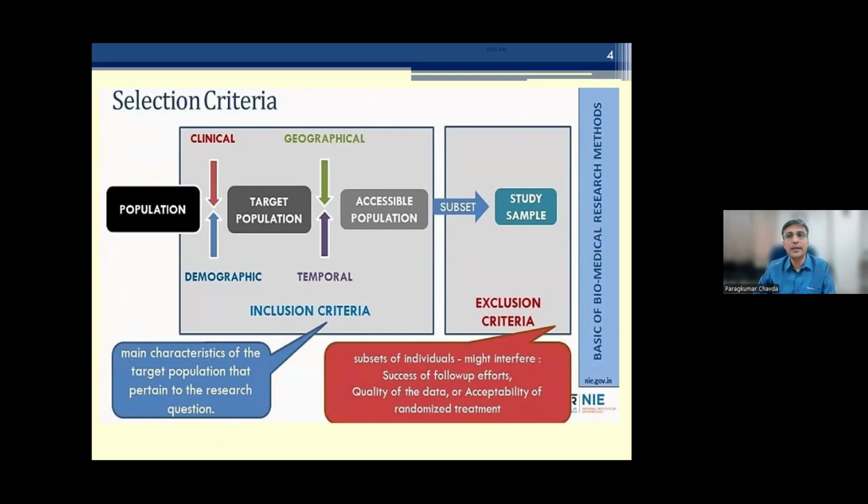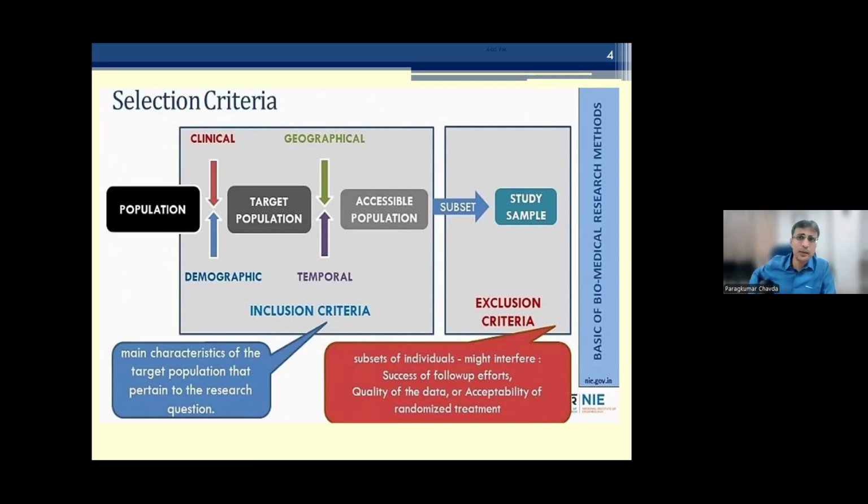Actually, anybody who meets your inclusion criteria but also meets some exclusion criteria would be excluded from the study, which means that the exclusion criteria is within the inclusion criteria. Otherwise that particular person was meeting the inclusion criteria, but since that person has this particular thing X, Y, or Z, we would probably not prefer to recruit that participant in our study.